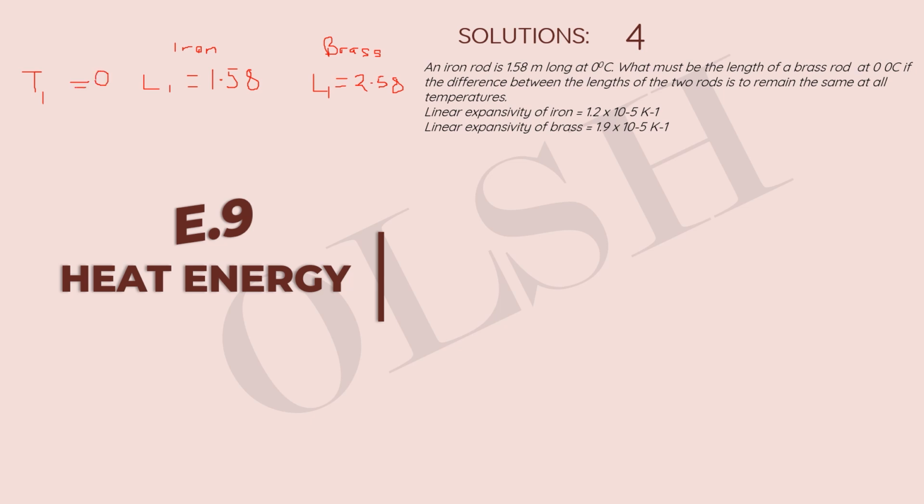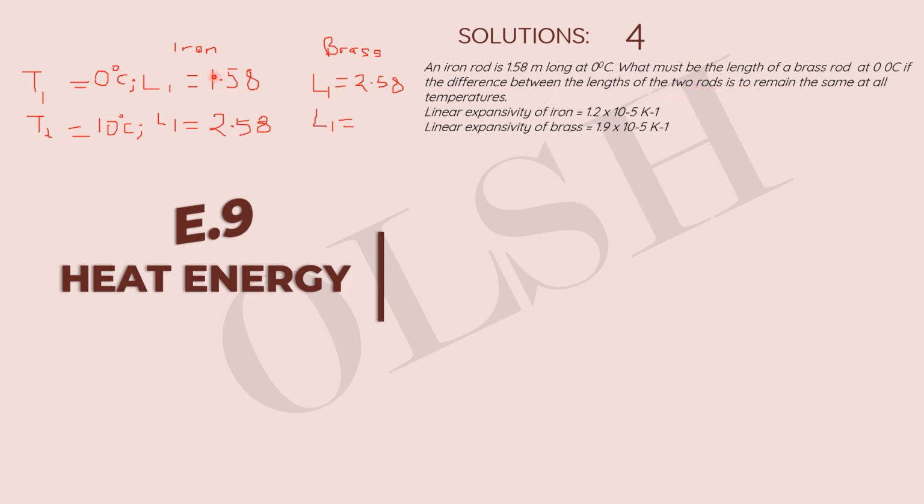And T2, let's say, is 10 degrees Celsius. Now what will the length of brass be at T2? The statement says the difference between the lengths of the two rods is to remain the same at all temperatures.